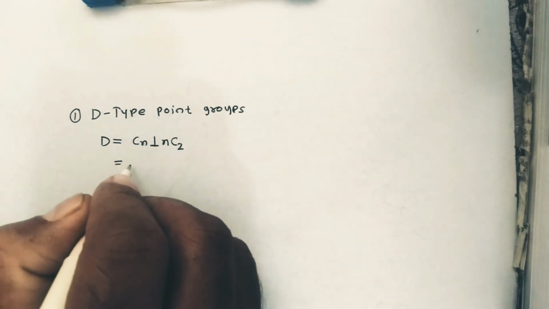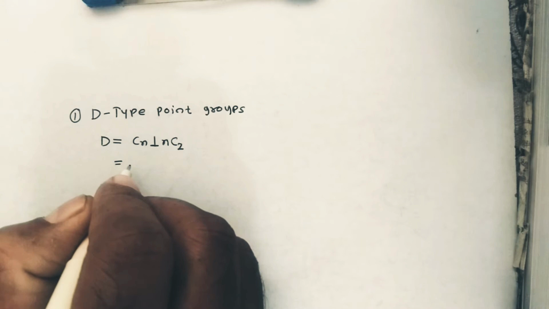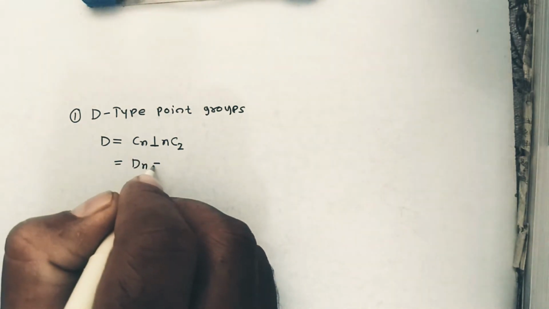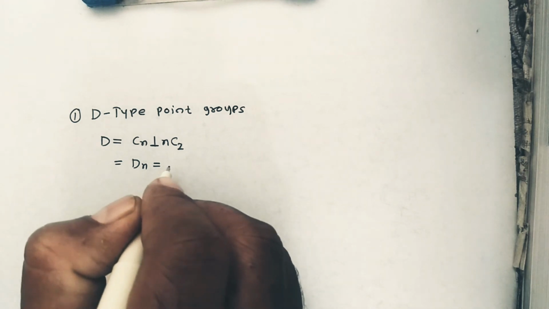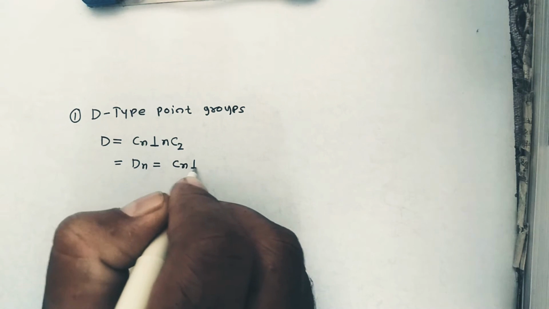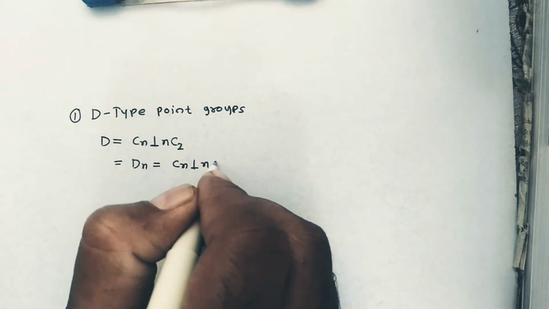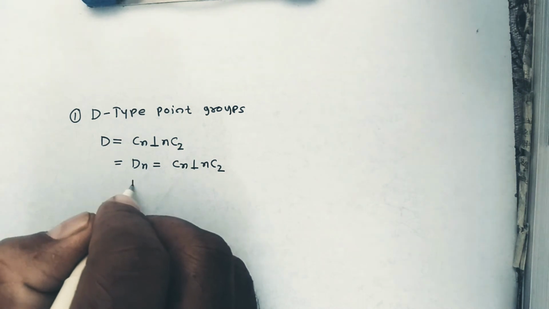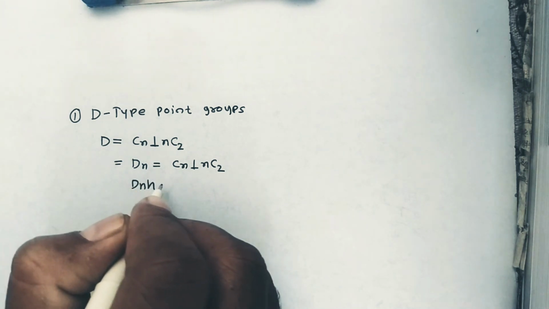So there are different types of D groups. First is Dn. For a Dn point group there should be Cn perpendicular to nC2. Then Dnh.